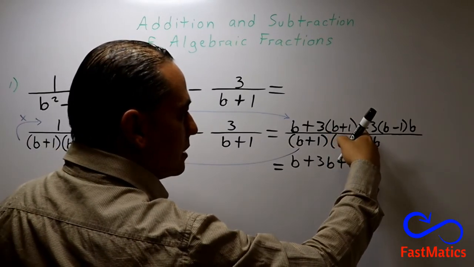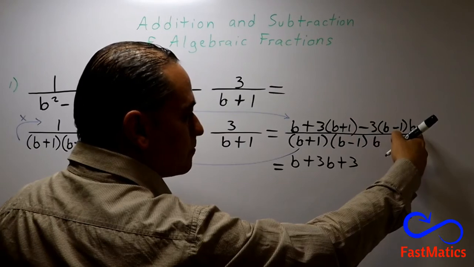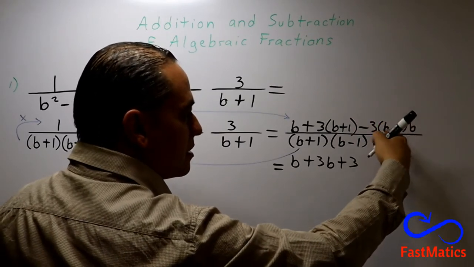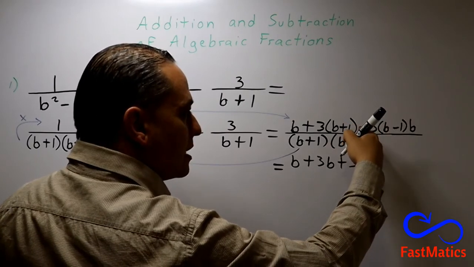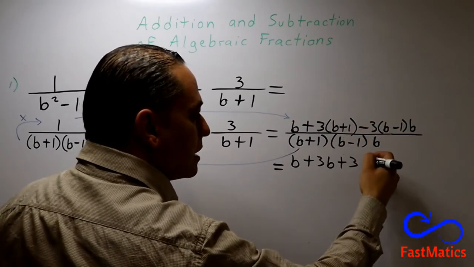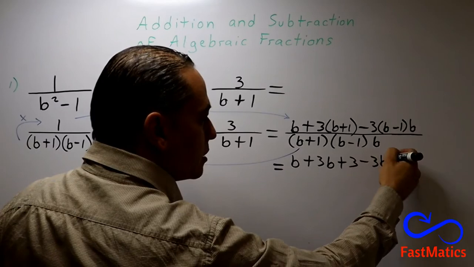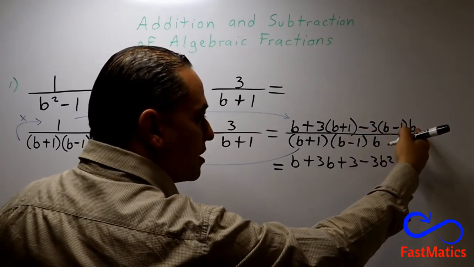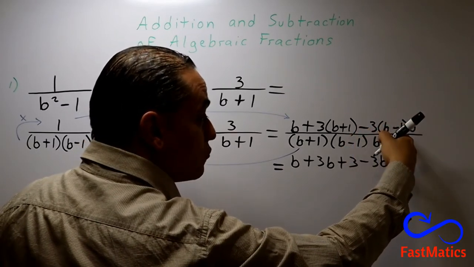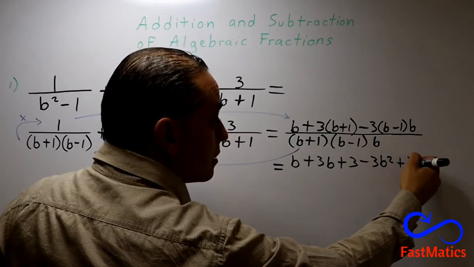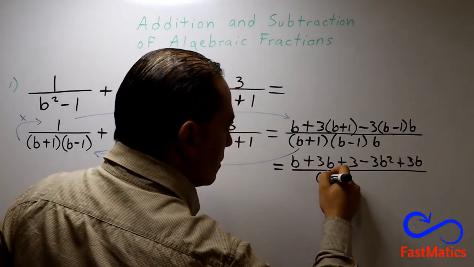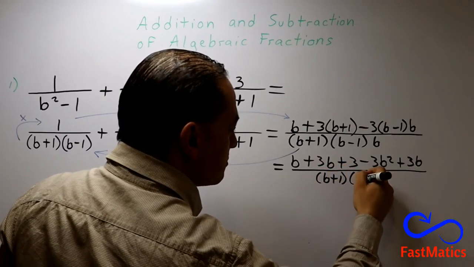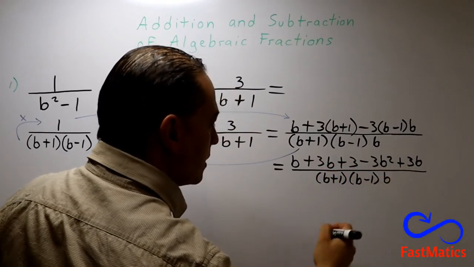Now negative 3 with b times this binomial, we can do that. Negative 3b times b, negative 3b squared. And negative 3b times negative 1 plus 3b. b plus 1 times b minus 1 times b.